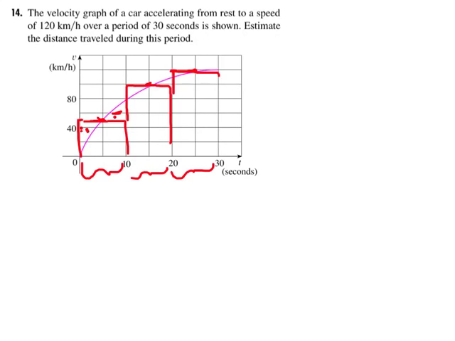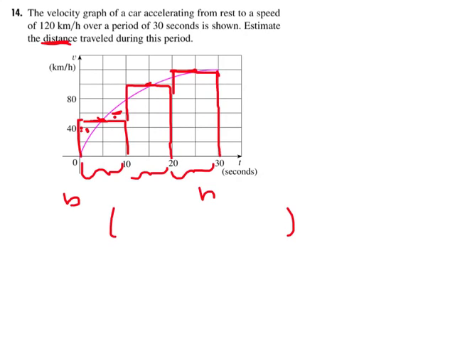Even if you didn't get to try it yourself yet, if this is enough of a hint to get you going, then by all means, pause this and try it yourself, okay? Since each one of these intervals is 10 seconds, when I multiply my base times the sum of my heights, I want to end up with some type of distance because I'm trying to find the distance traveled during this 30-second period.